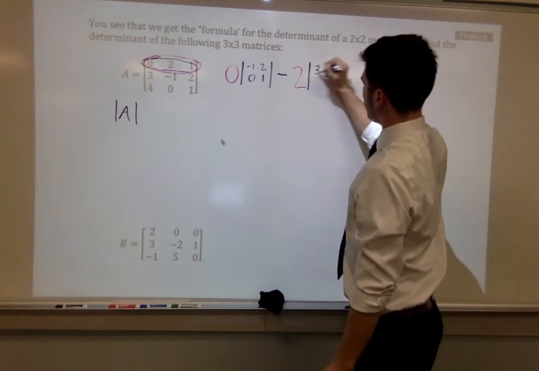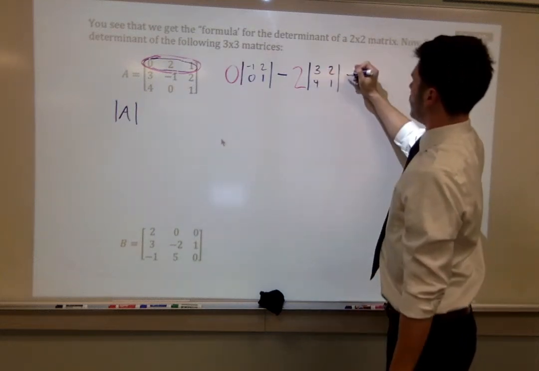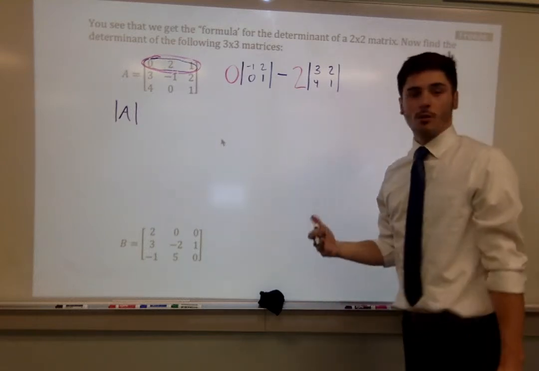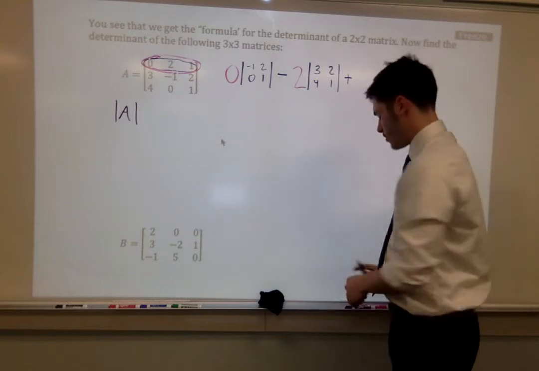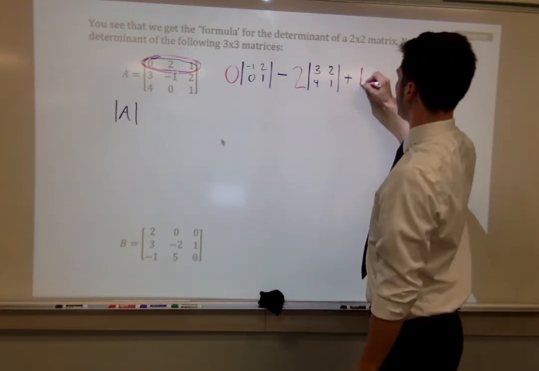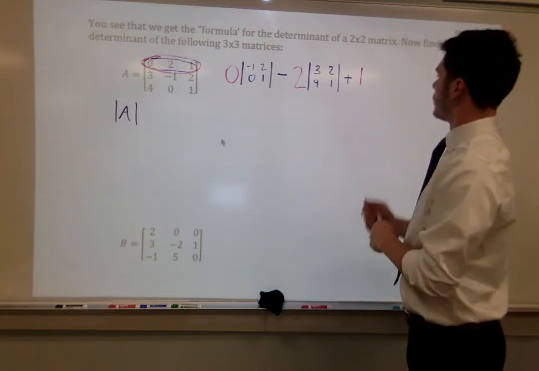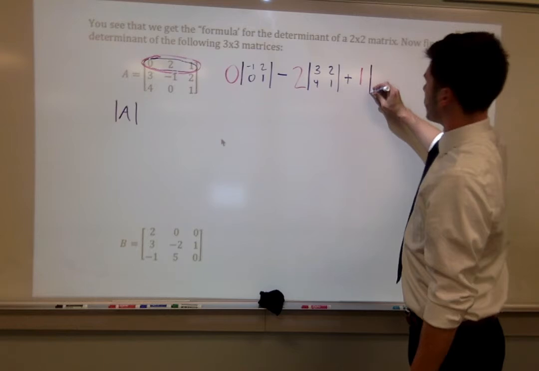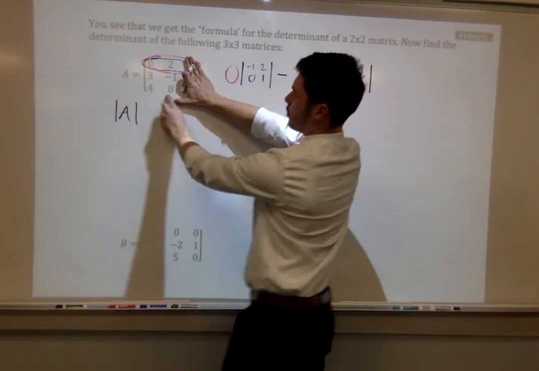So the determinant of 3, 2, 4, 1. And then we have -1 to the fourth, so that's going to be plus. And then the third number in that row is a 1. And we have to find the determinant of the matrix 3, -1, 4, 0.